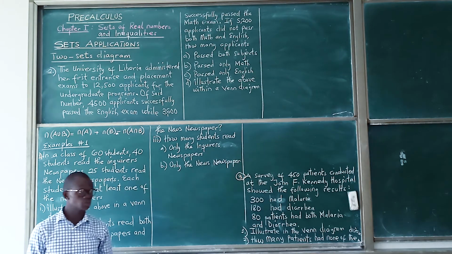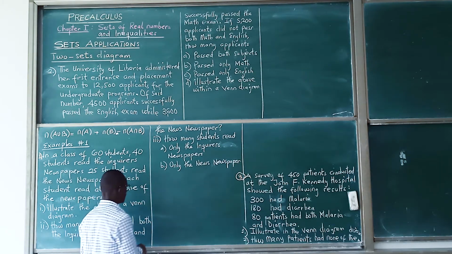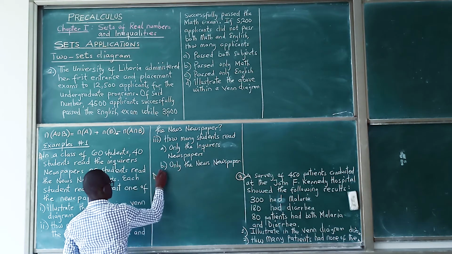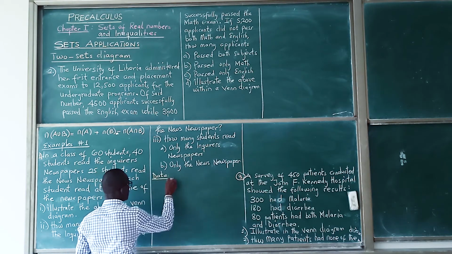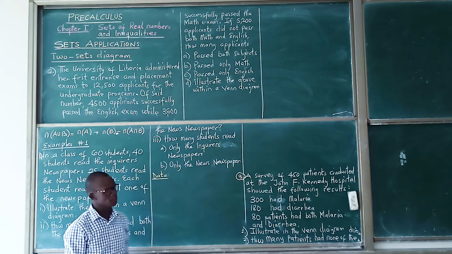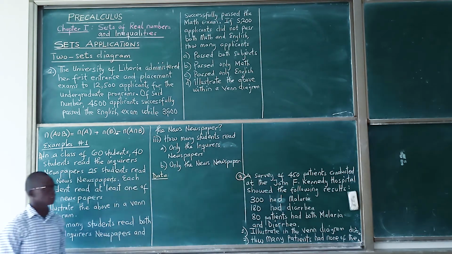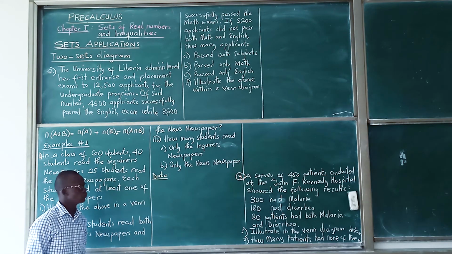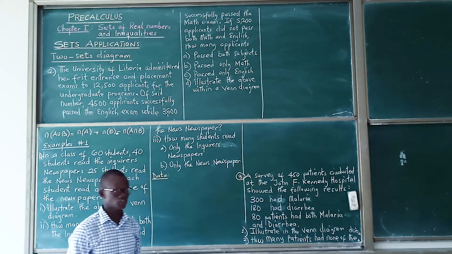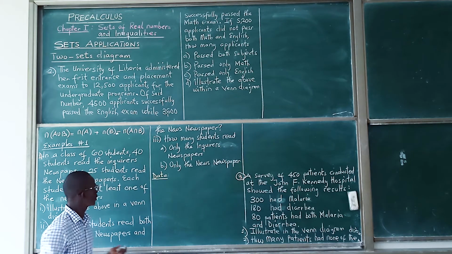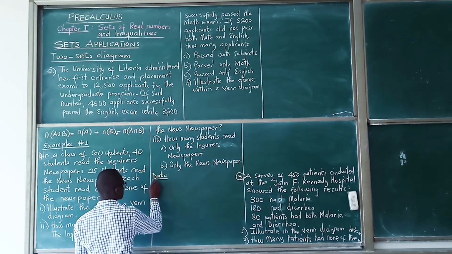So the first thing we do is collect our data. In this entire problem, we cannot continuously write the newspaper names. We must represent them with some variables.